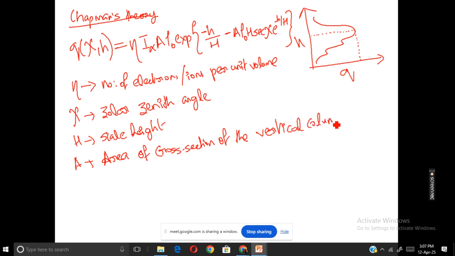So this is the equation that we derived in the last class, which gives the production rate Q at any height h at any zenith angle.